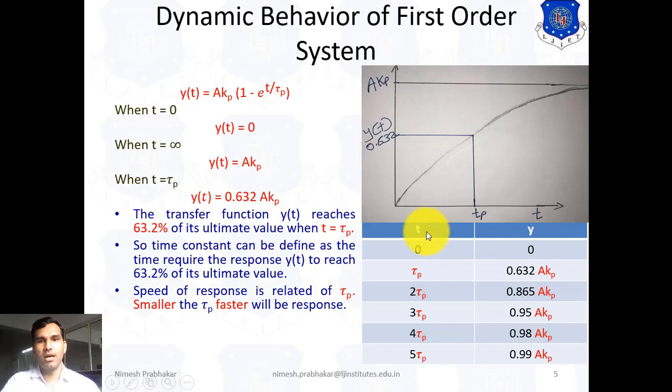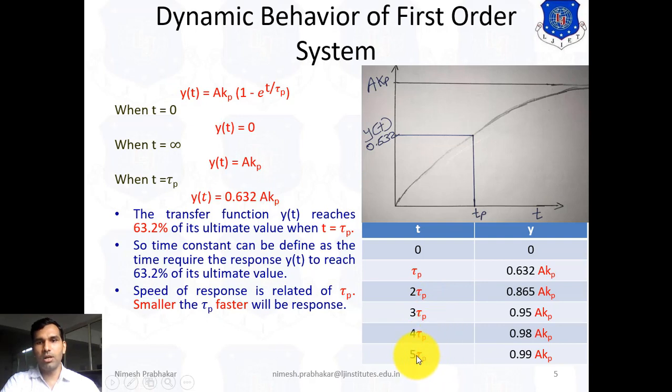So this is the table for different values of t, and this is the response value. When we put t equals 0 in this equation, we get 0. When we put t equals tau p in this equation, we get 0.632 of the final value, and similarly we can put other values.